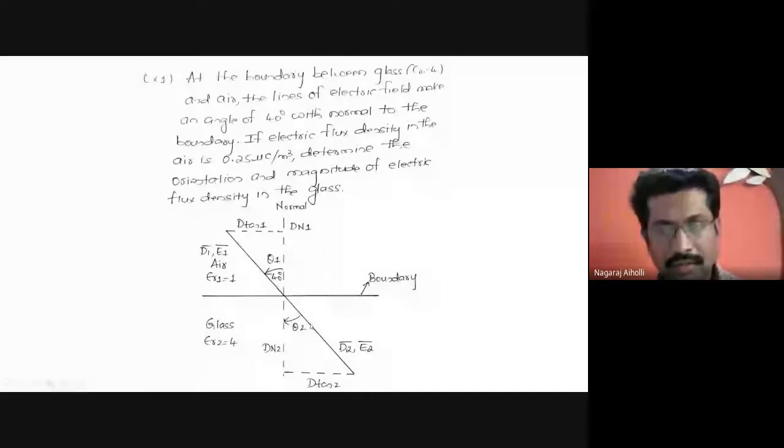Now apply cos theta 2. Cos theta 2 is the adjacent side, Dn2 by D2. Cos theta 2 is Dn2 by D2. Correct. Then substitute Dn2 and D2 and find out the angle theta 2.